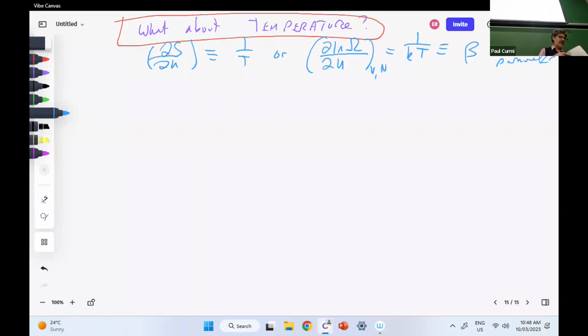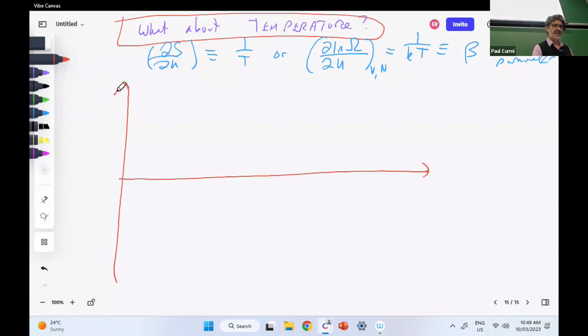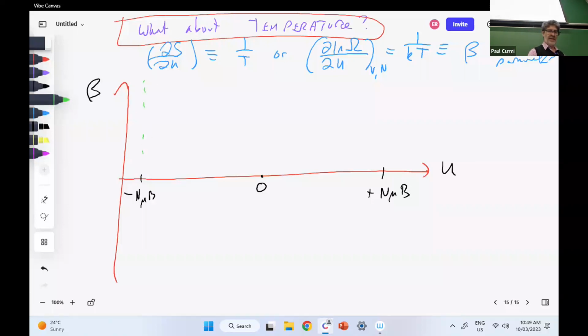So first I just plot my temperature parameter, and that one is an easy plot. I'll take up the whole board here. This is now beta, my temperature parameter, versus U. And here I've got a 0 slope at 0. Here I've got minus n mu B, plus n mu B. I'm going to draw a dotted line there, dotted line there.